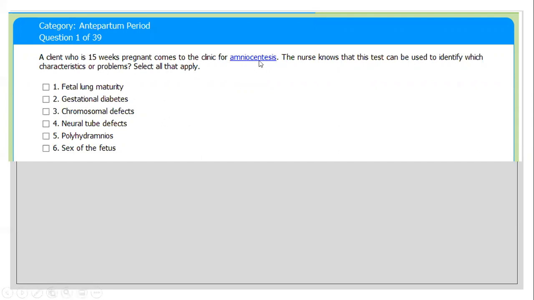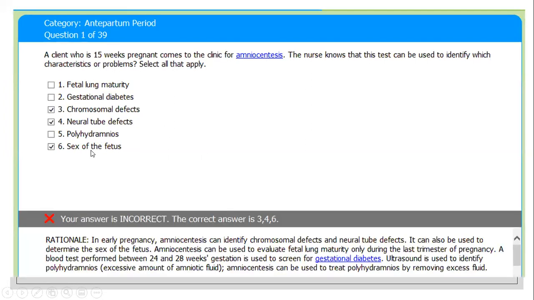Usually, amniocentesis is performed after 14 weeks to rule out any congenital abnormalities. The options: fetal lung maturity, gestational diabetes, chromosomal defect, neural tube defect, polyhydramnios, and sex of the fetus.